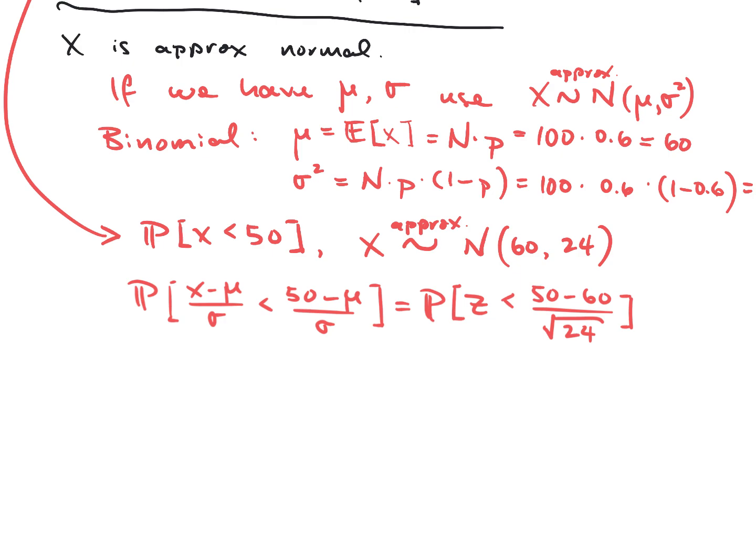Okay. And at this point, it's a matter of doing a calculation. It's the probability of getting a z-score less than, I believe, negative 2.0, are you pulling out your calculator?